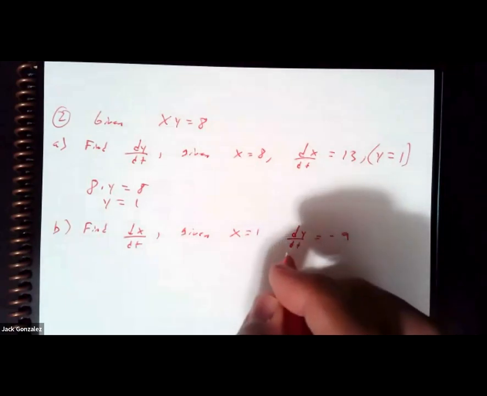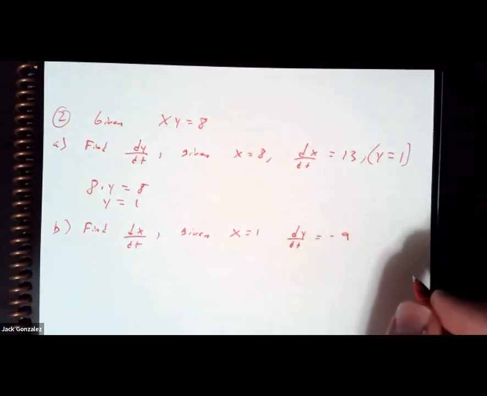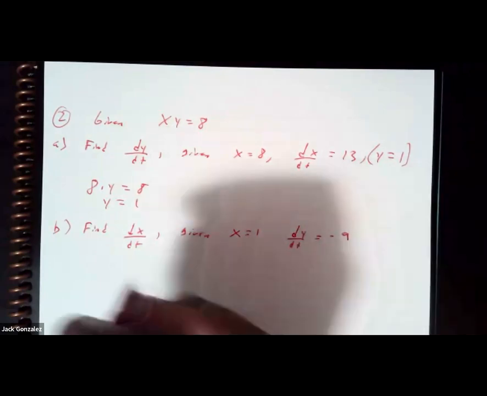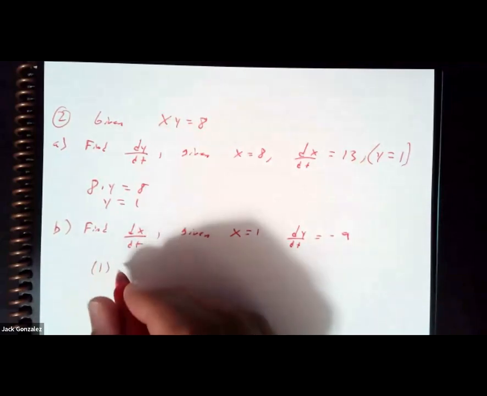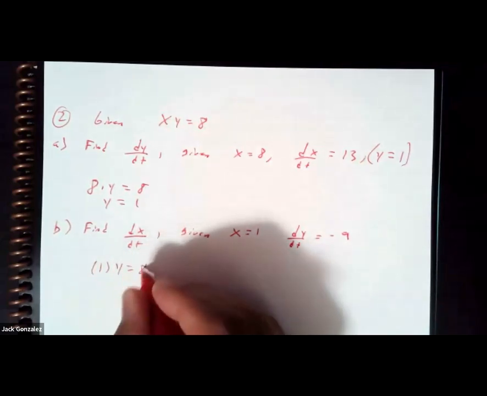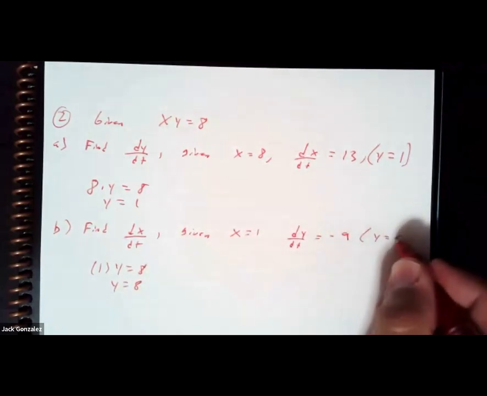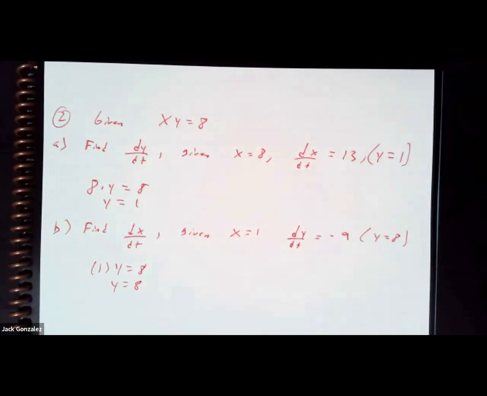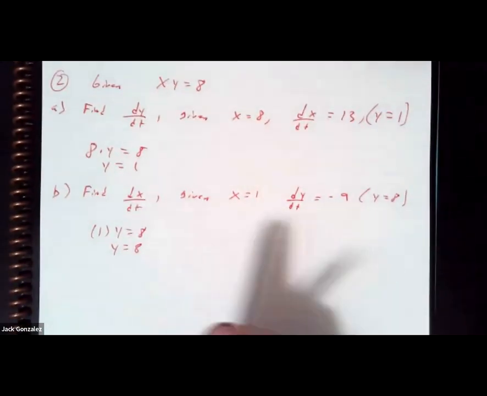So if x is 1, what would y be equal to? Yeah, it would be 8, right? Plug in the 1, obviously. Okay, now we can get started. Having everything up front is a little easier.